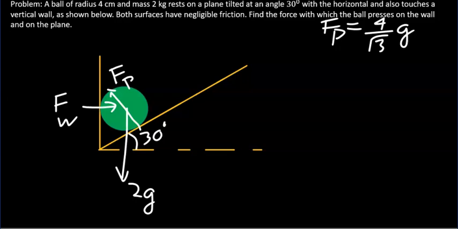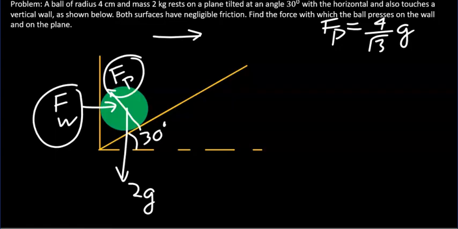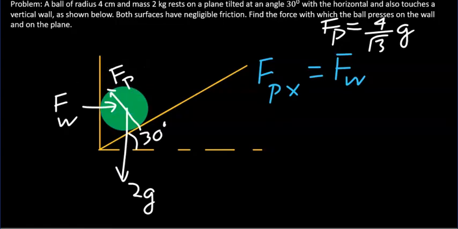Next, let's look at the x component forces. Now there are two. One is F sub W and the other one is the x component of F sub P. The x component of that F sub P is going leftward, thus opposing F sub W. So that means F Px, or the x component of that Fp, must be the same as F sub W. So let's calculate the x component of that Fp.